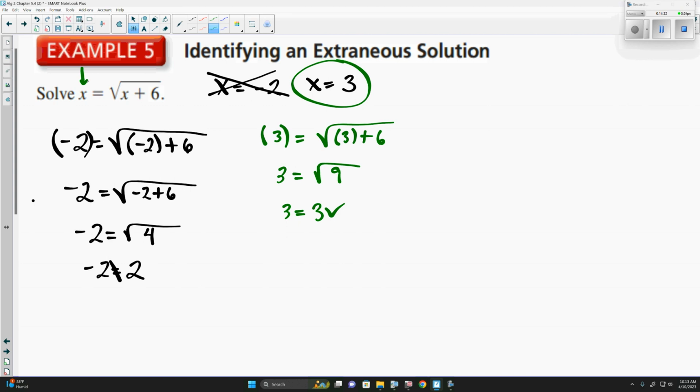So for negative 2, when we square it, it turns it positive. And squaring the other side would tell us 4 is equal to 4. But in the original equation, we have nothing to offset this negative to start with, so we end up getting this extraneous solution, this solution that doesn't work. So the only one that works for this one here is x is equal to 3. Questions on this here?